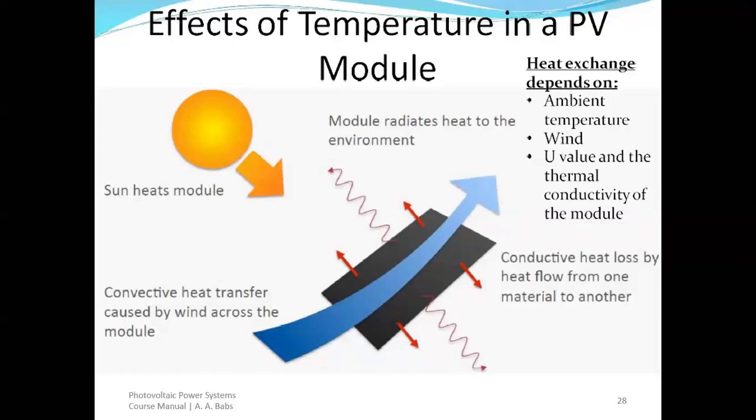That way you would have increased the efficiency of the system, because you will be producing both electrical energy and heat energy from the PV system. That way, the efficiency would increase instead of losing efficiency because the system is too hot and the module is degrading. All right, that's one of the things you can do.